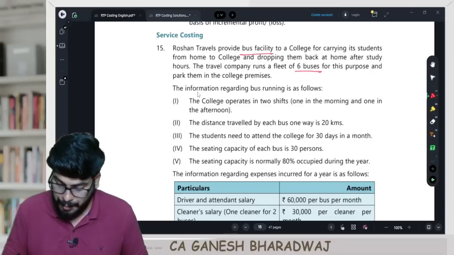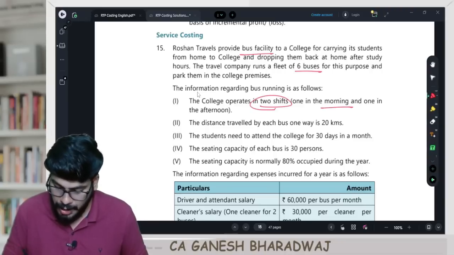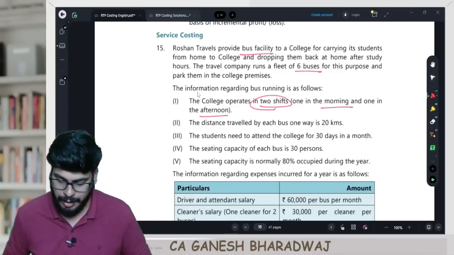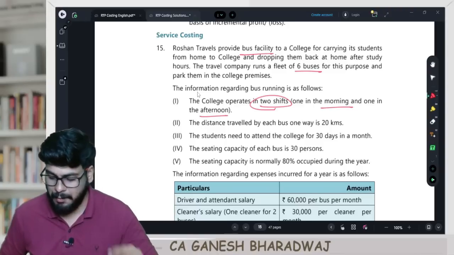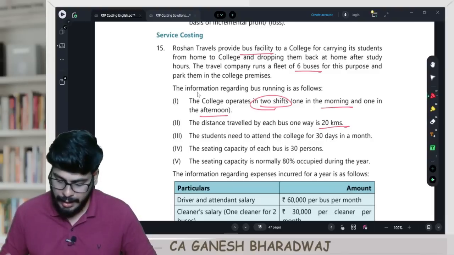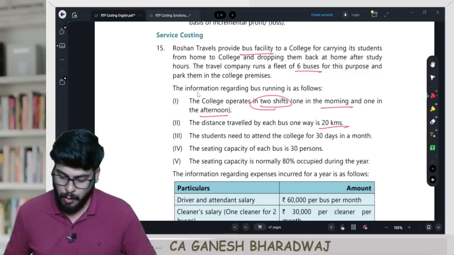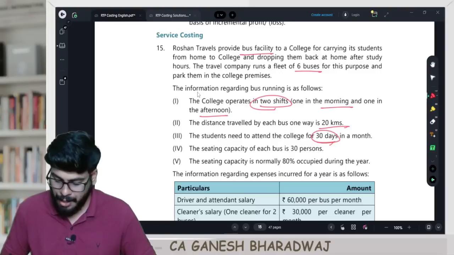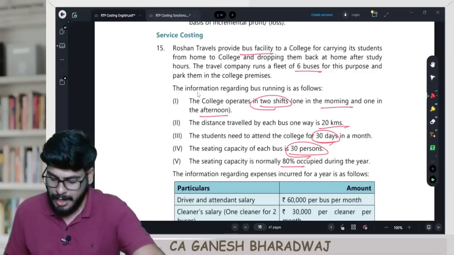The college operates in 2 shifts, one in morning and one in the afternoon, right? So morning college and afternoon college is there. The distance traveled by each bus one way is 20 kilometers. Students need to attend the college for 30 days in a month. The seating capacity of each bus is 30 persons and the seating capacity is normally 80%.